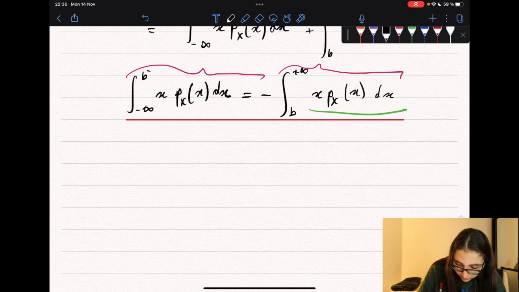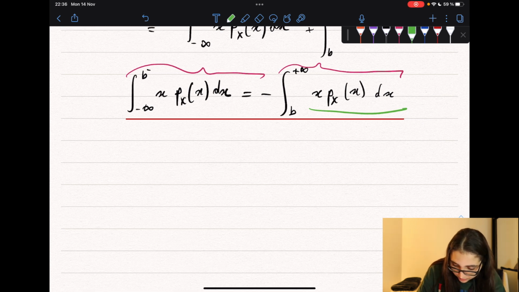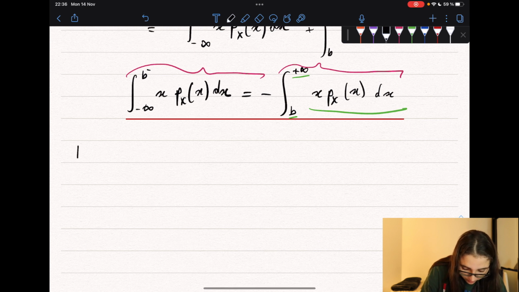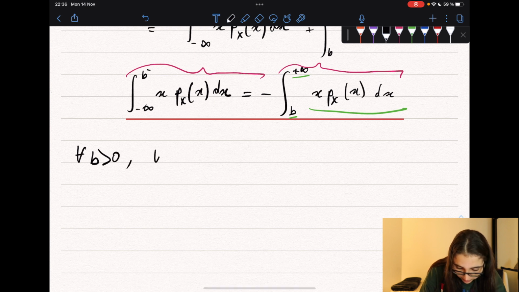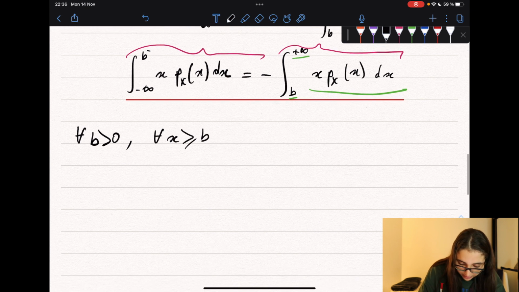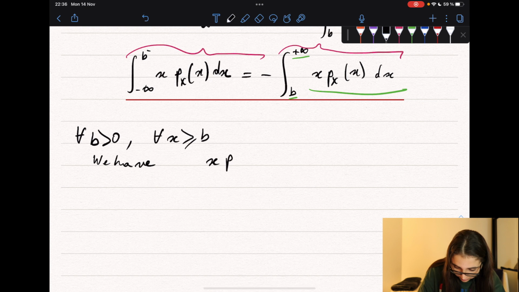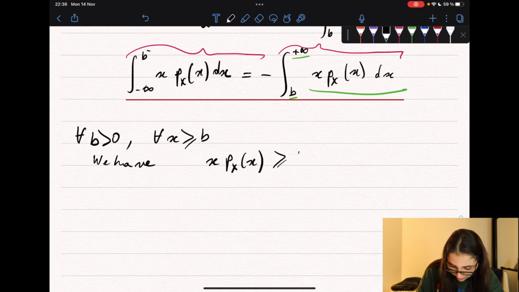So we know that x here takes values from b to plus infinity, and we're just going to rewrite that. So for any b strictly higher than 0, and for any x higher or equal to b, we have x times p_X(x) higher or equal to b times p_X(x).